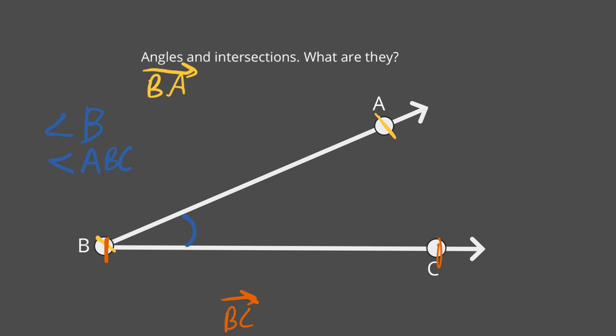You have to make sure that you read each point in order, so A, B, C. But you can also read them in reverse and write it as angle CBA, going backwards. But you cannot write it any other way. You can only go forward or backwards to get the angle you want.